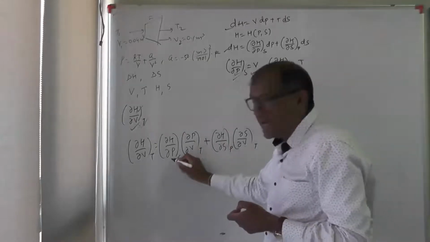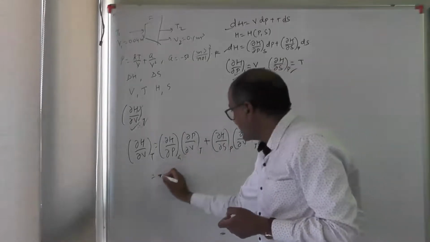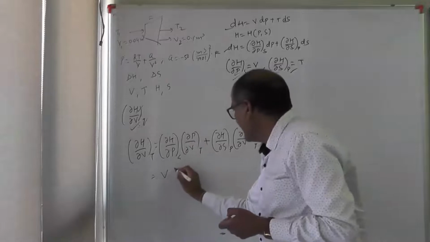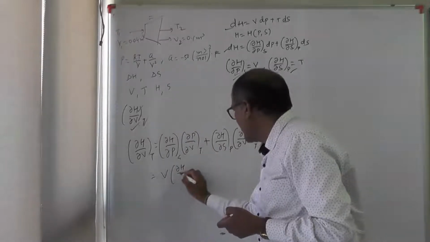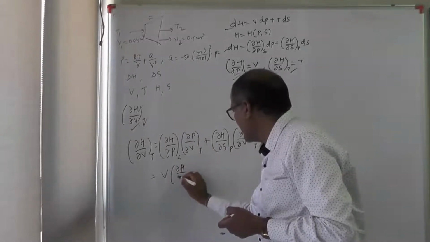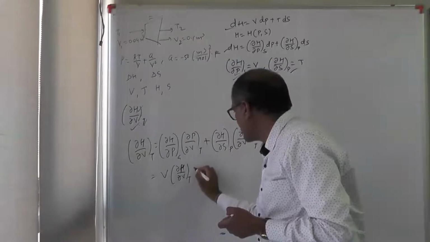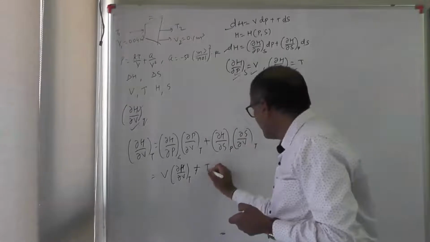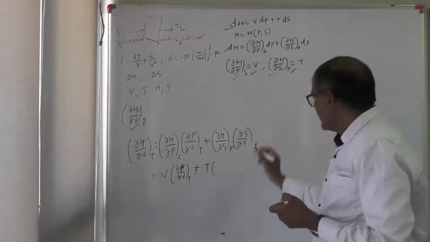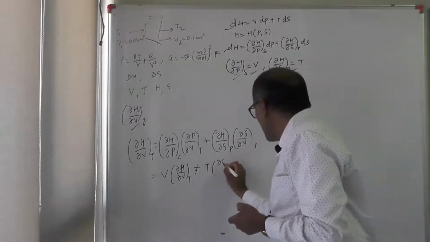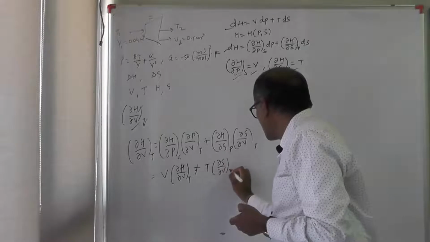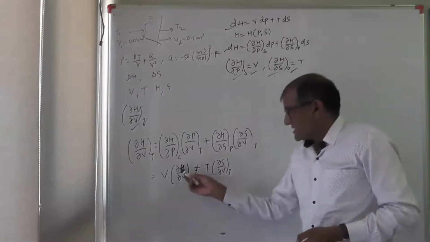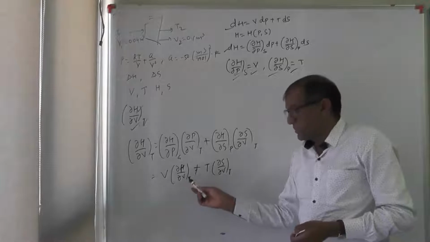Del H over del P at constant entropy is V, and this is del P over del V at constant temperature, plus this is temperature, and this is del S over del V at constant temperature.